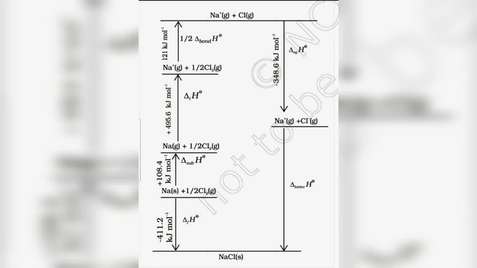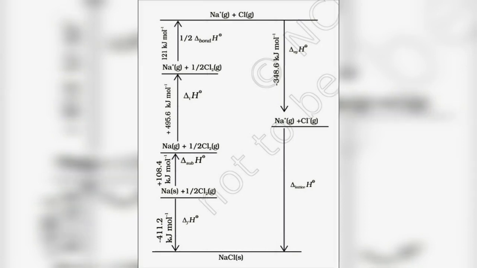Then next, Na in gaseous state needs an electron removed to make Na plus. For that you need ionization enthalpy, written as delta IH, and that value is given as 495.6 kilojoules per mole. And this half Cl2 you write as it is. Then once you get Na plus, our aim is to get Cl minus to combine.